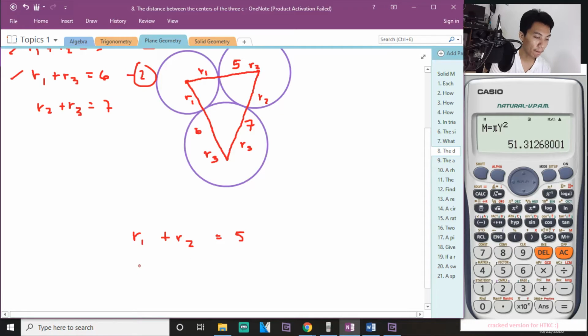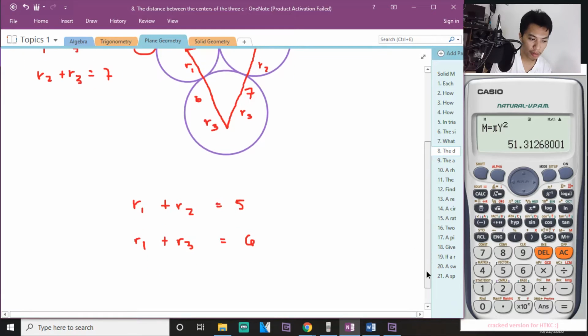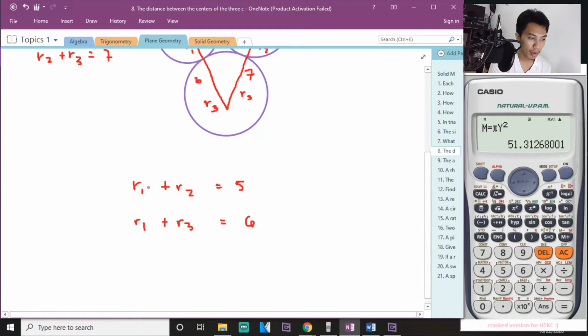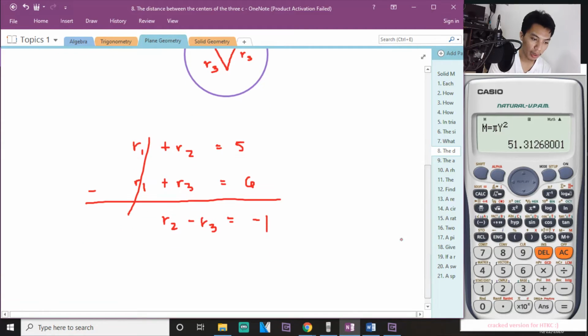Tapos, meron ka ditong R1 plus R3 equal to 6. Anong gagawin mo dyan para makancel yung isa? So, minus ko na lang, okay? Cancel na 'to. So, this will be R2 minus R3 equal to 5 minus 6 is negative 1. Okay. Multiply ko both sides by negative 1. So, this will be negative R2 plus R3 equal to 1.